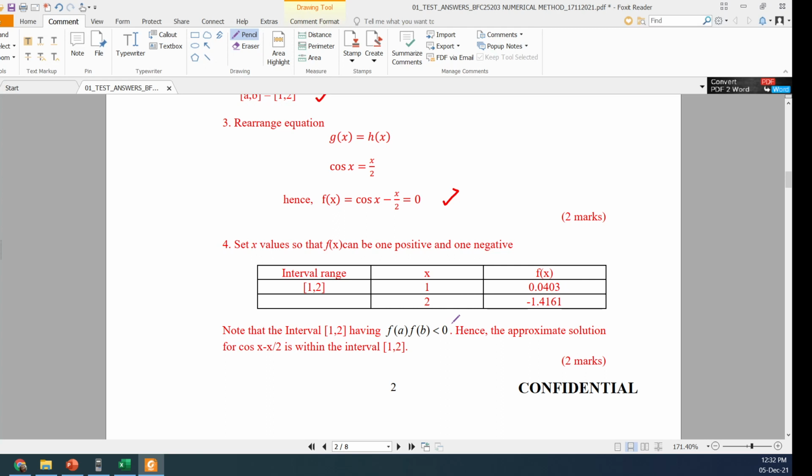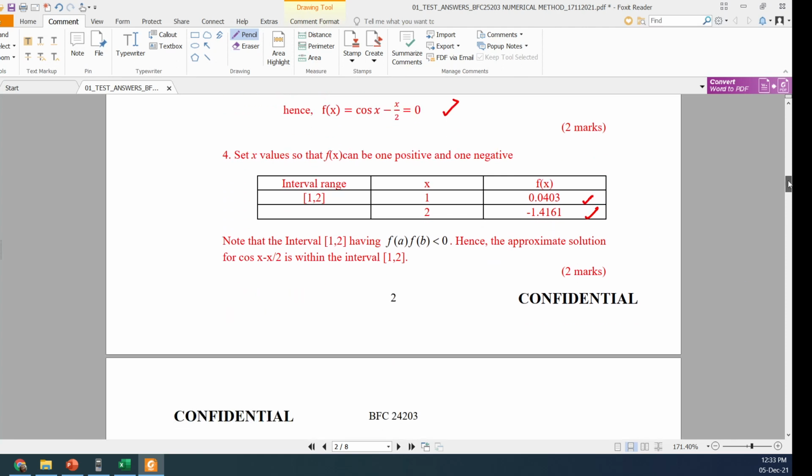I don't know why some of you wrote the result as positive. Less than 0 means negative. How to get negative? One of f(a), f(b) must be positive, one must be negative. Then the product will be negative. So easily you have here 2, means here 1, 2. So 8 marks there. Okay, question 1a.